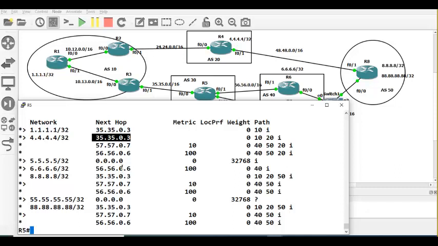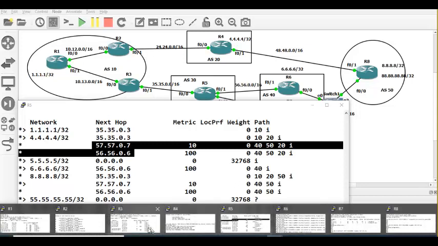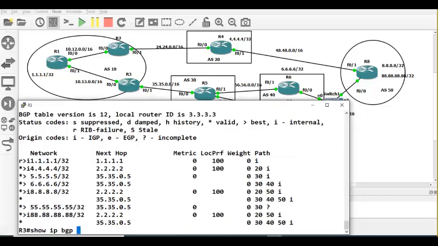Router 5 has decided not to speak about the other paths that are available. So router 3 doesn't know. Router 3 has got no idea that I have another path. It shows that I have only one path, which is via router 5.